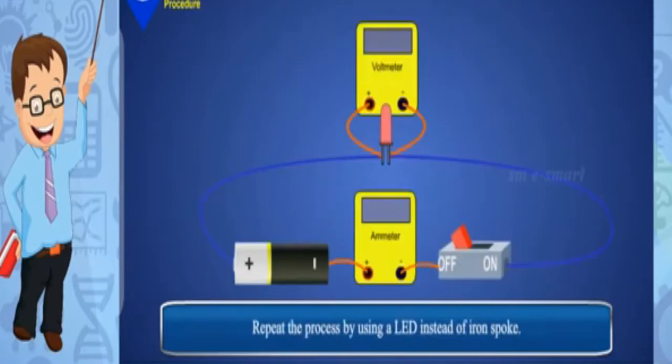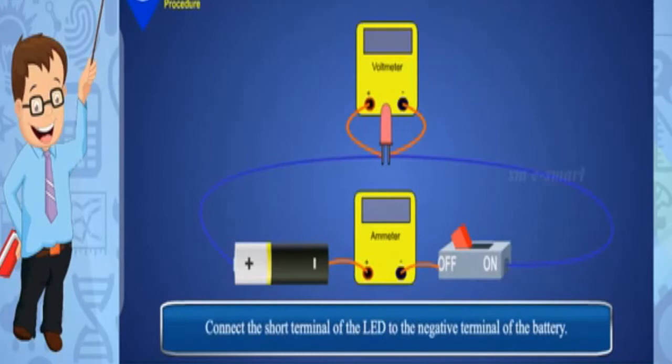Repeat the process by using an LED instead of the iron spoke. Connect the long terminal of the LED to the positive terminal of the battery. Connect the short terminal of the LED to the negative terminal of the battery.